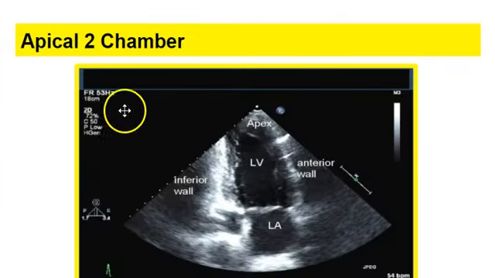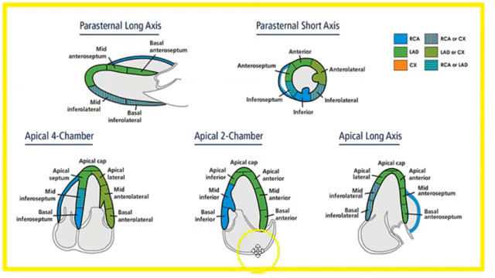Then if we go into our apical two-chamber view, apical 2, we're going to be cutting, so the apical 4 is this cut here. It's going to be a coronal cut. This here is a sagittal cut where we're cutting right straight through the left ventricle, right from, if you took a slice of a human being right down the middle and cut the person in half from front to back.